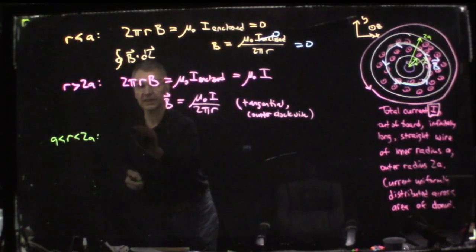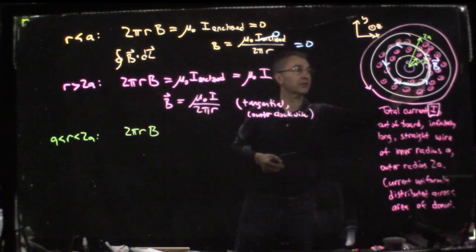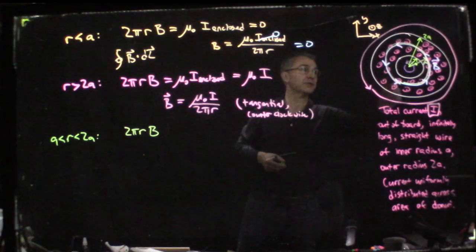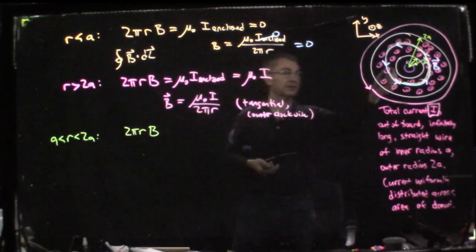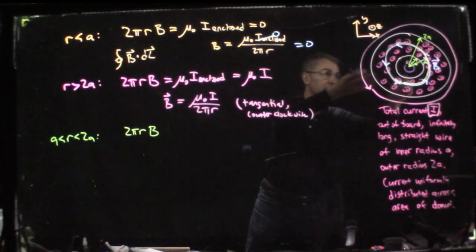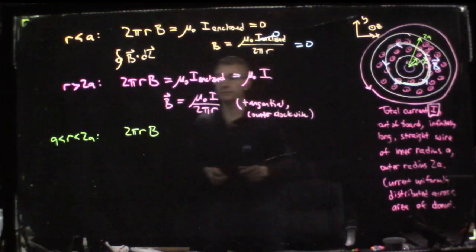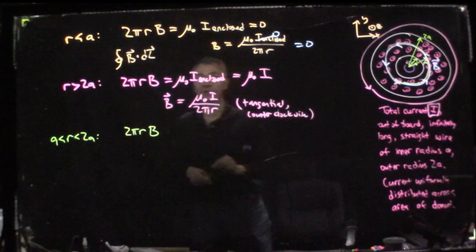Then once again we just have 2 pi r B, because we picked our Ampere's law loop for the line integral just to be along a single magnetic field line. So that dot product is just the dl of the arc length, dot product with B. That's just the magnitude of the arc length times the magnetic field magnitude, since the two vectors are parallel.